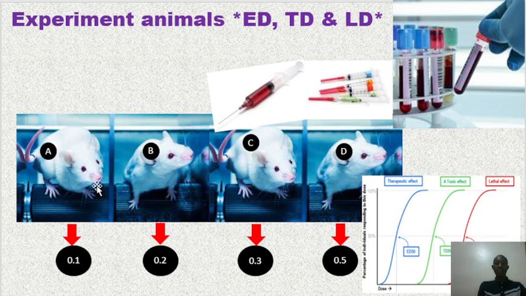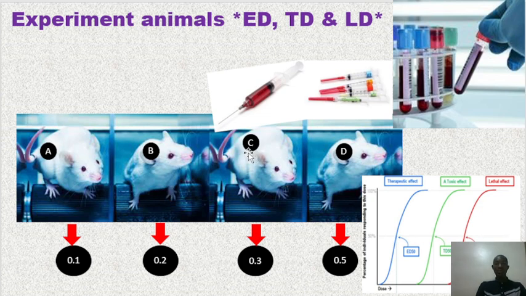Maybe the first one we inject with 0.1, the second one with 0.2 concentration, then the third is 0.3, then the fourth 0.5. You shall see that maybe at 0.1 there is no effect. Then maybe at 0.2 the animal began to respond to the dose. Maybe it was our effective dose, the treatment.